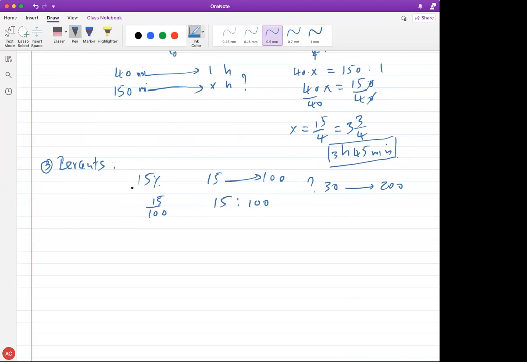Or in case of taxes, it adds up. Does anybody know the sales tax rate in New York State? One more time? What's the sales tax rate in New York State? So every time you buy something, they charge you taxes. You pay more than what's displayed on the item. What is that percent?